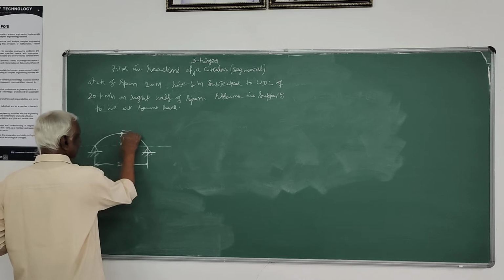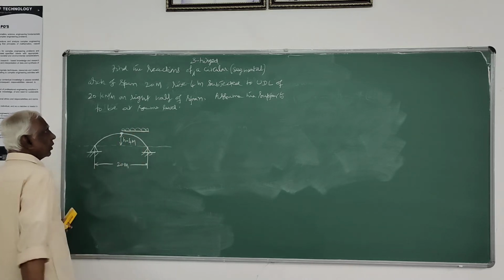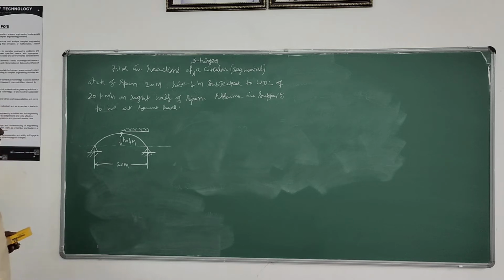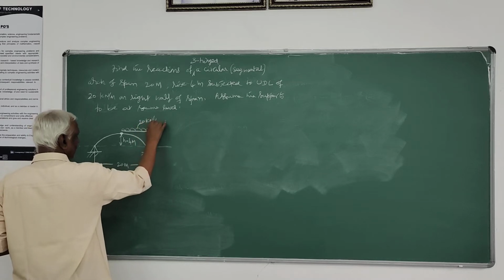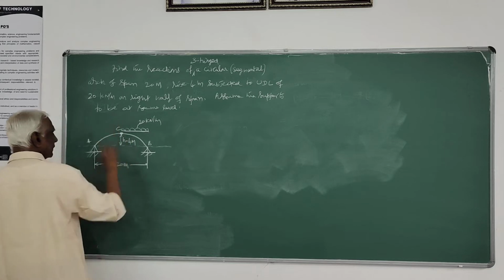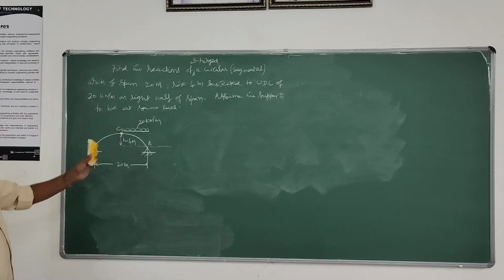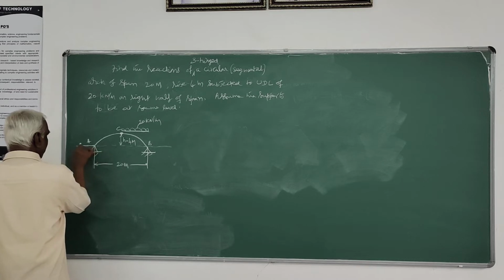It is subjected to a uniformly distributed load on the right half of the span, with intensity of 20 kilonewtons per meter. So this is the problem given. Now you have to find these support reactions.